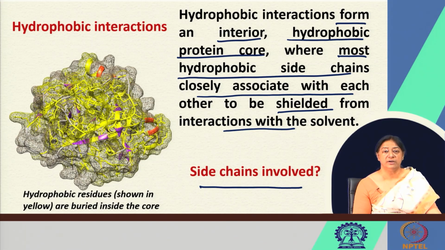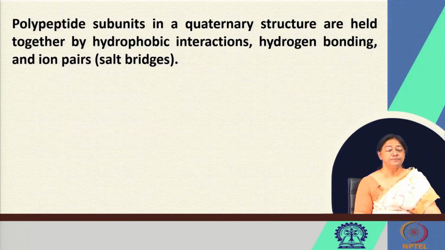The polar type that have an oxygen and nitrogen would preferably be involved in hydrogen bonding type interactions, and the hydrophobic ones would be the ones that have the C and the H in them. So, these would preferably remain in the hydrophobic core of the protein.